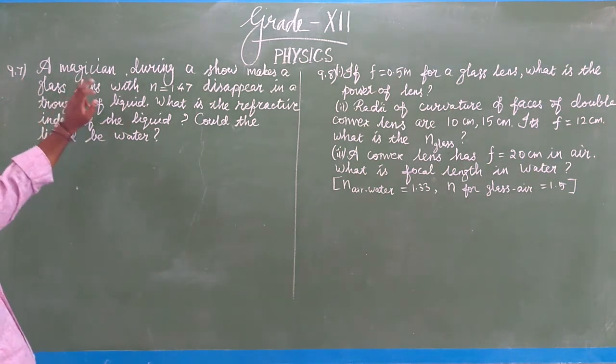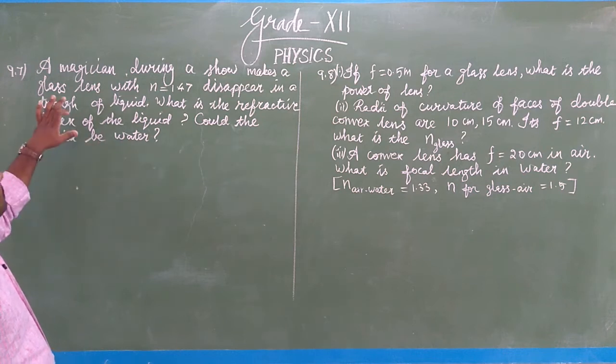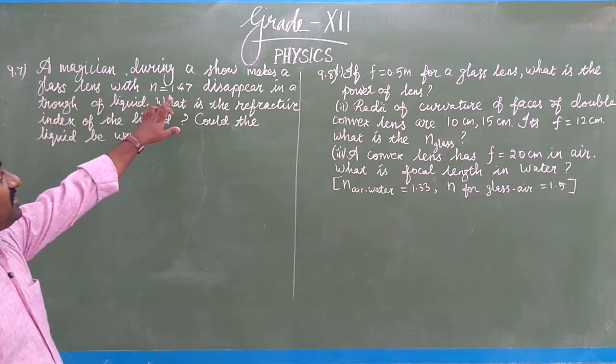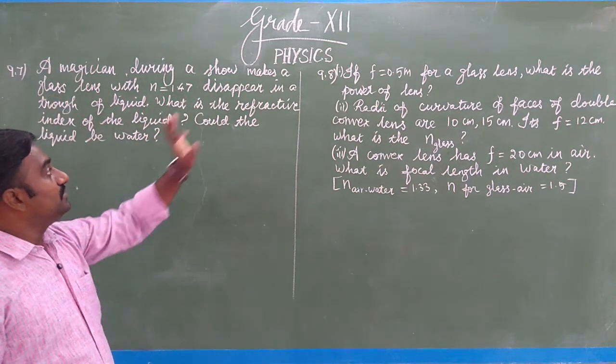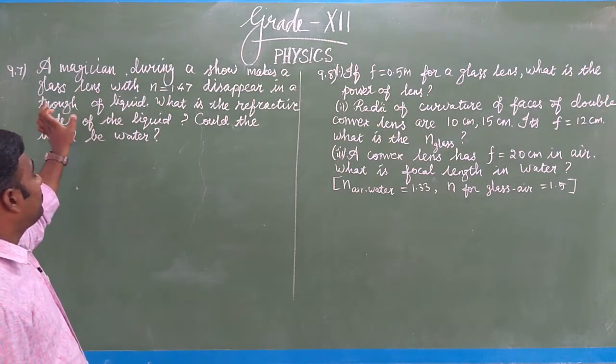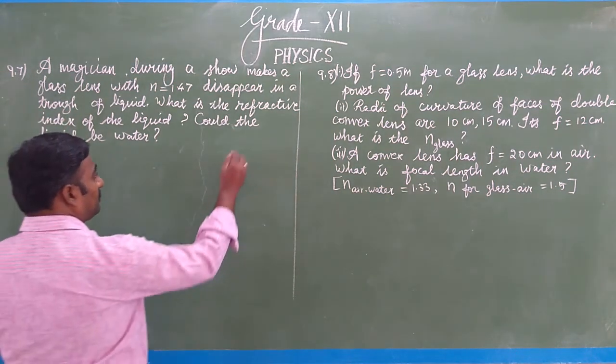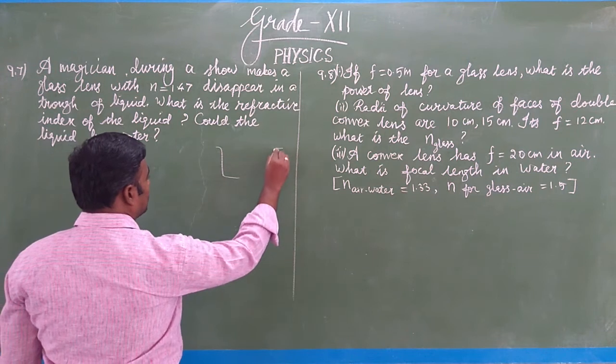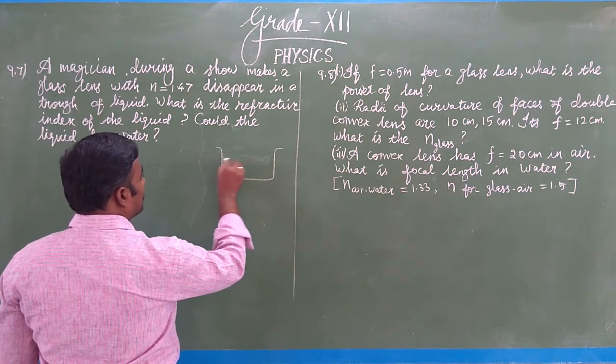A magician during a show makes a glass lens with refractive index 1.47 disappear in a trough of liquid. There is a trough that contains some liquid. We don't know what the liquid is.